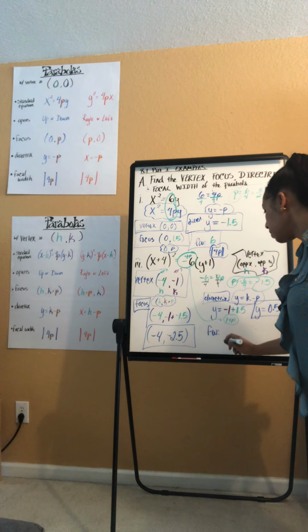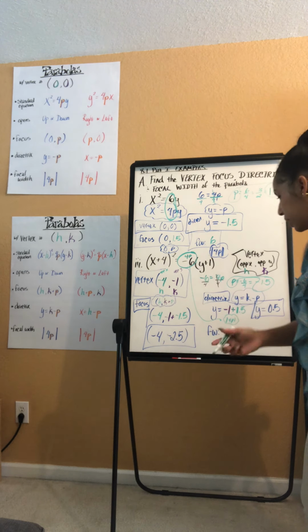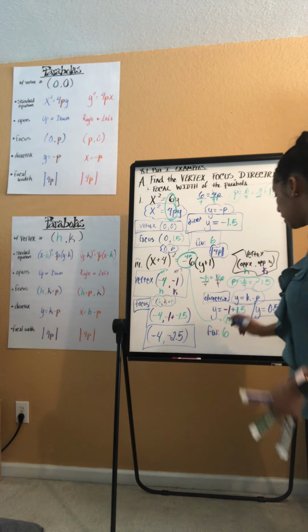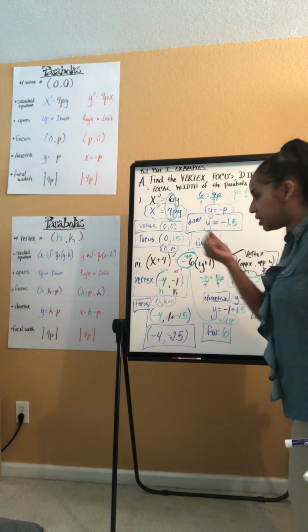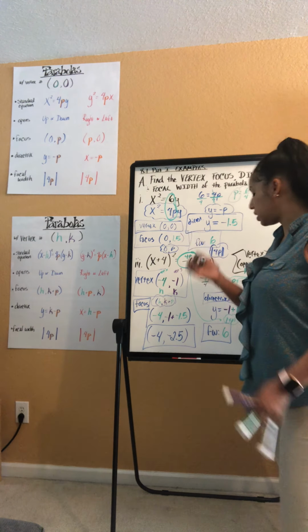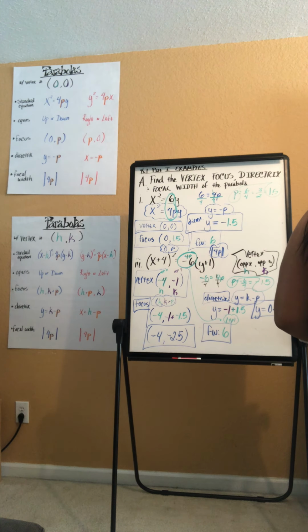So I'm going to make whatever number this was positive if it wasn't already. So my focal width is just a +6 again. Remember, your focal width is the distance across the parabola, so you can never have a negative distance. All right, that's A1, A3.